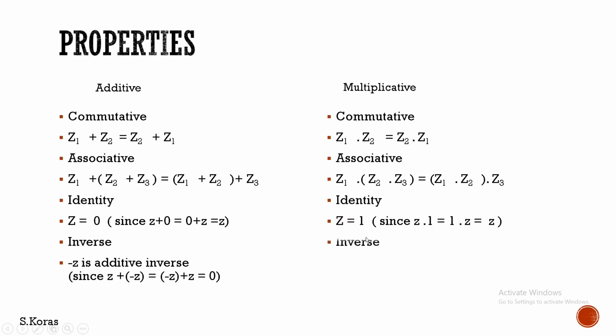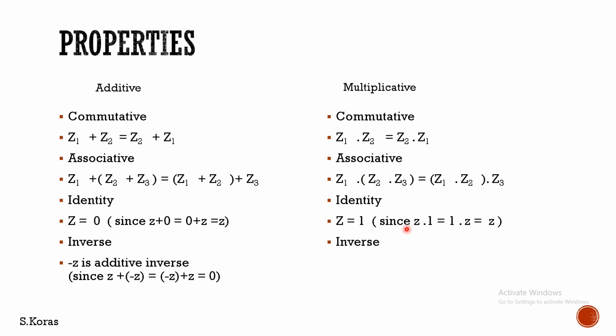Then let's go to inverse. What do you mean by inverse? As I told you already, under this particular operation, multiplication, if you have two complex numbers doing multiplication between them, and if your final answer is the identity value 1, then those two complex numbers are inverses to one another.